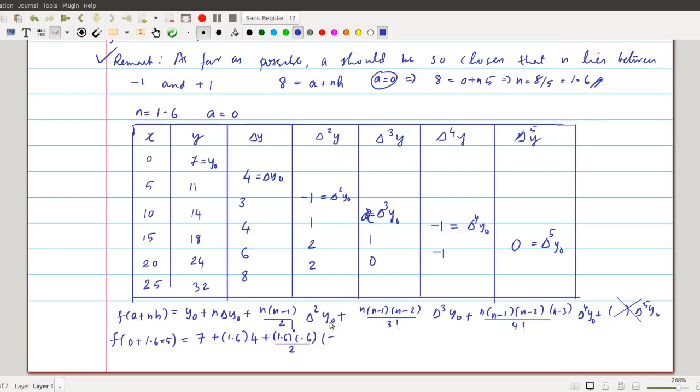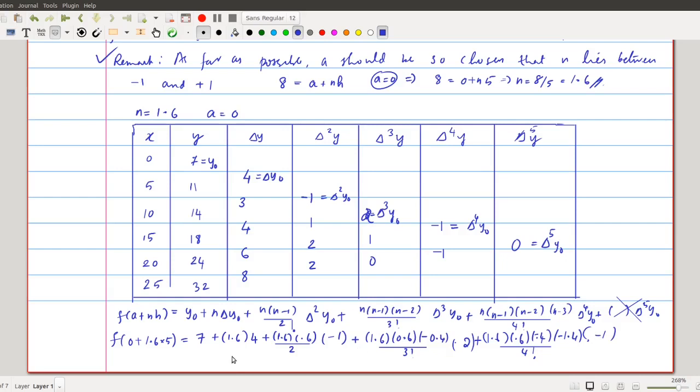Delta square of y naught is minus 1, so this is minus 1, plus n into n minus 1 into n minus 2, that is 1.6 into 0.6 into minus 0.4 divided by 3 factorial times delta cube y naught. Delta cube y naught is 2, plus 1.6 into 0.6 into 0.4 into minus 1.4 divided by 4 factorial into delta raised to 4 y naught, that is minus 1.